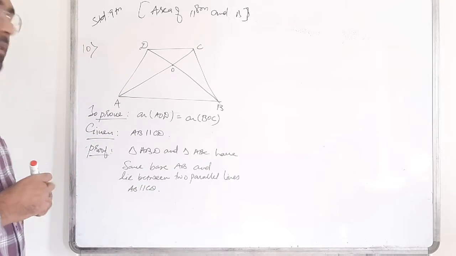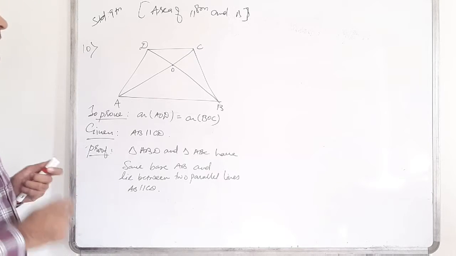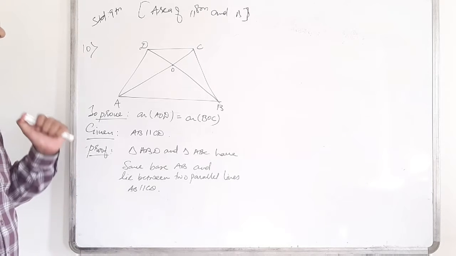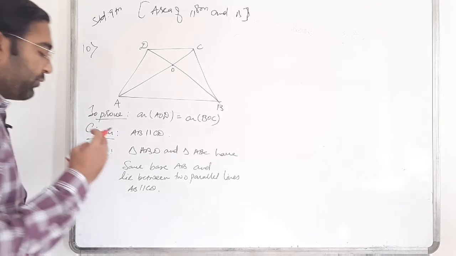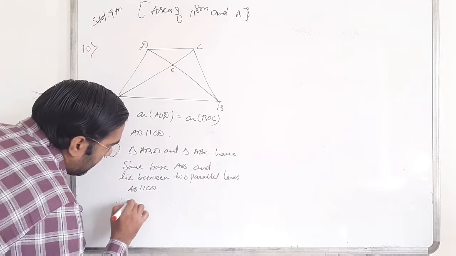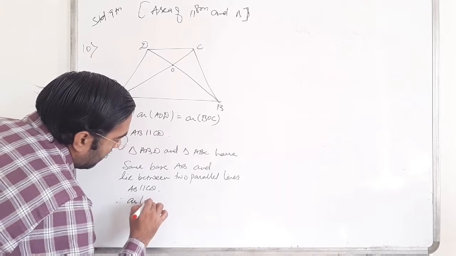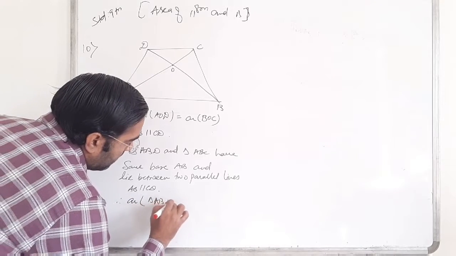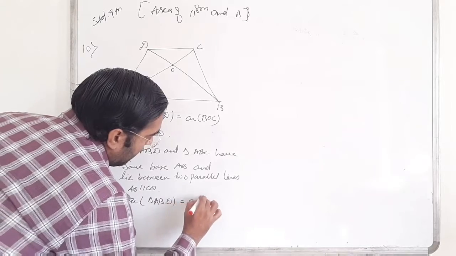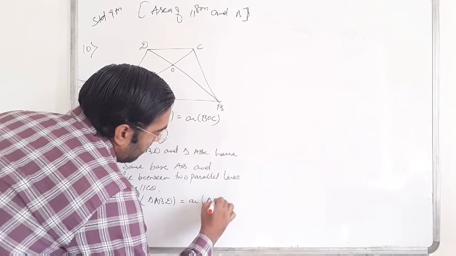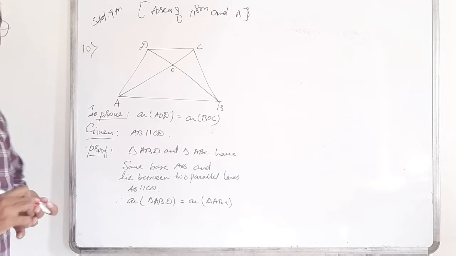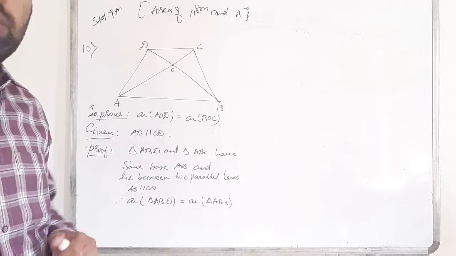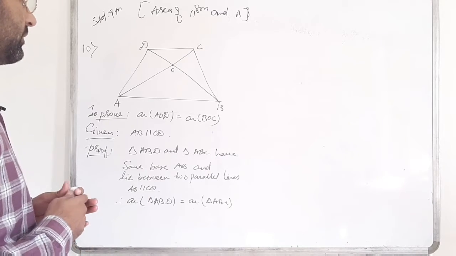So therefore we have to write that area of triangle ABD is equal to the area of triangle ABC. Clear? Area of triangle ABD is equal to the area of ABC.